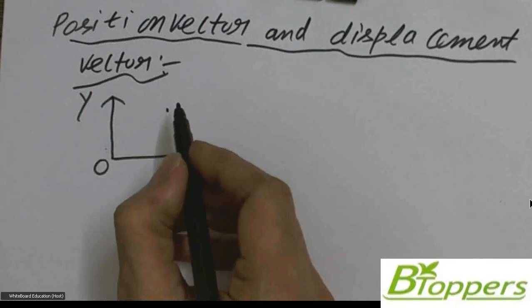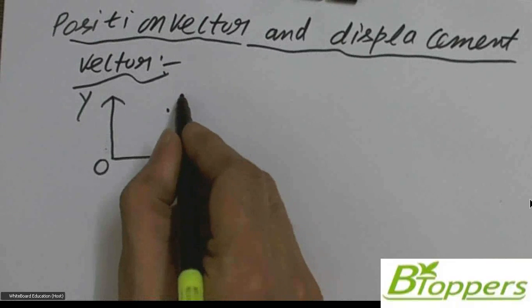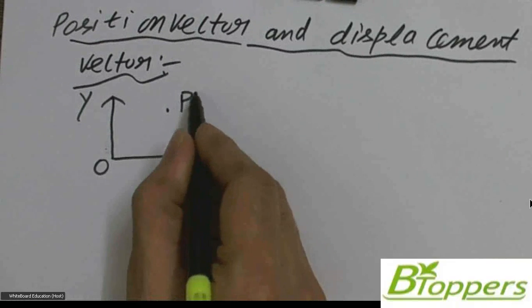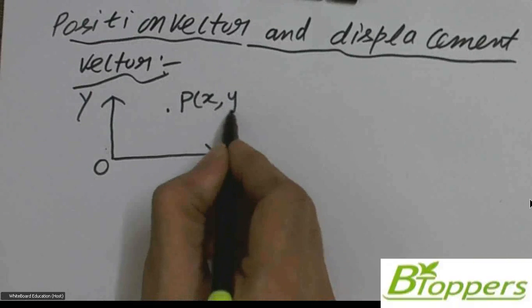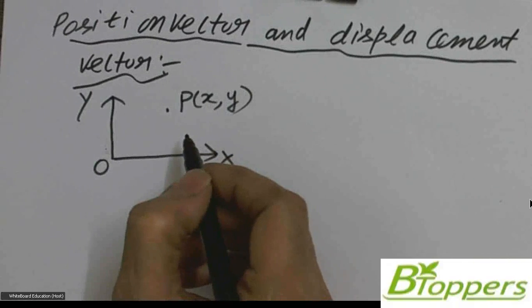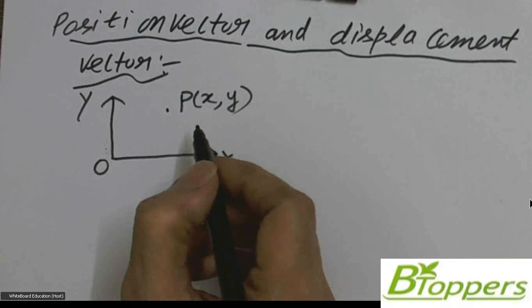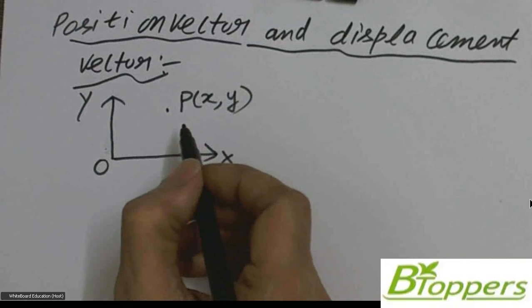The position of the particle in the xy plane at any instant is described by the Cartesian coordinates x and y.